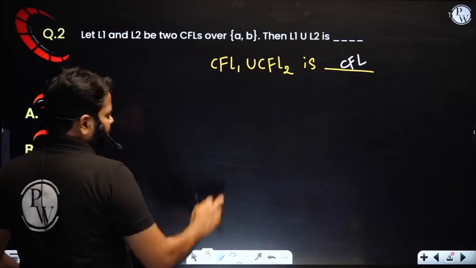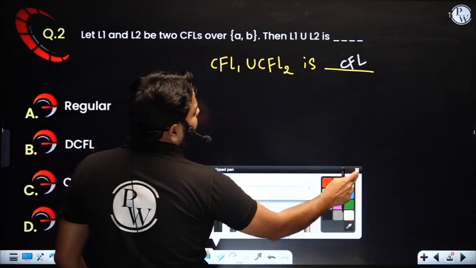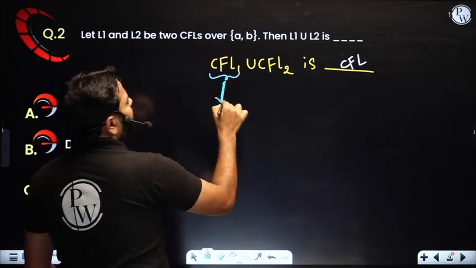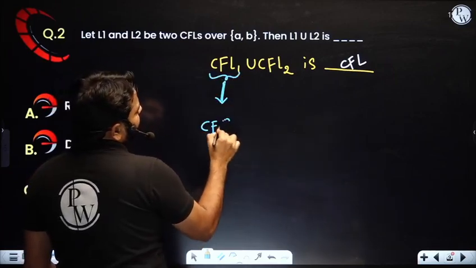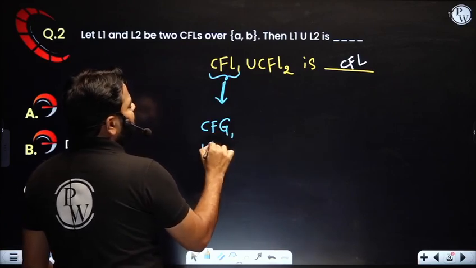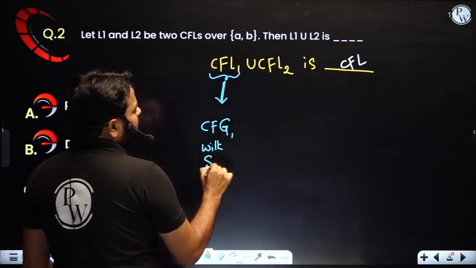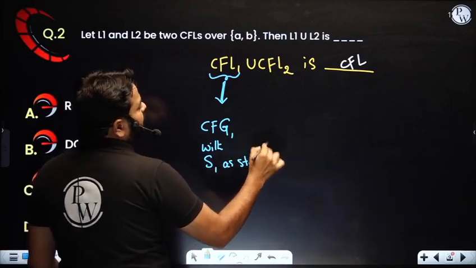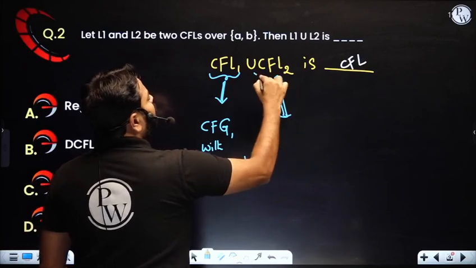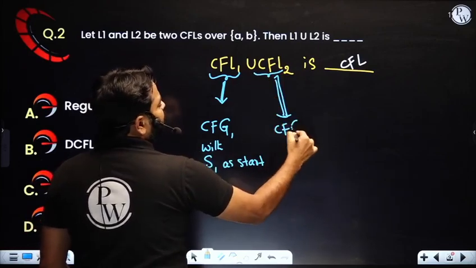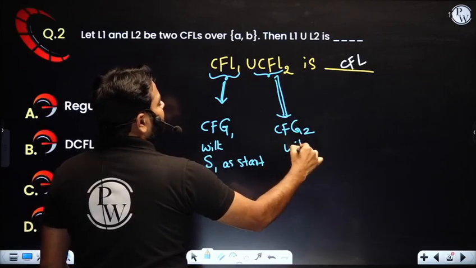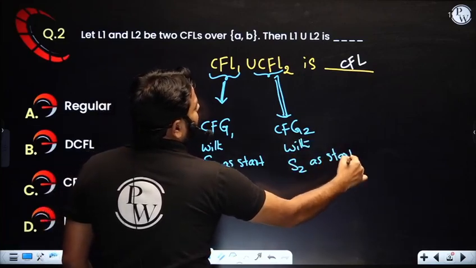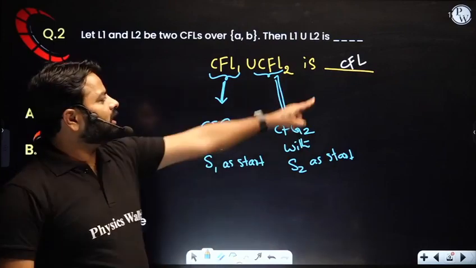Take any CFL. I don't need to take examples here. I'll take a context-free grammar for this with S1 as the start symbol. For CFL2, I can write one more grammar, CFG2, which has S2 as the start symbol. Then you want to prove that there is a context-free grammar for the union.